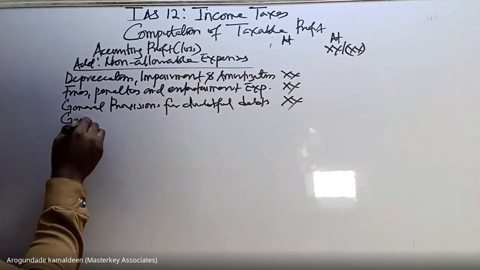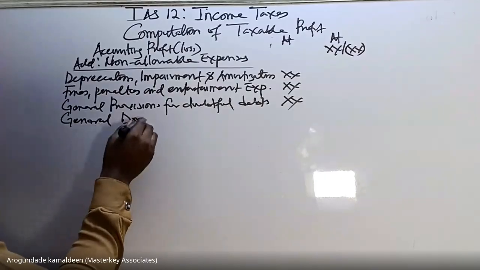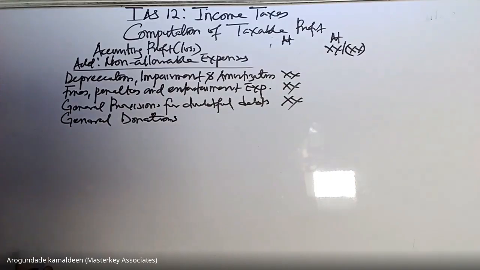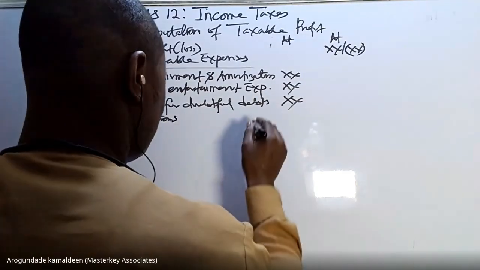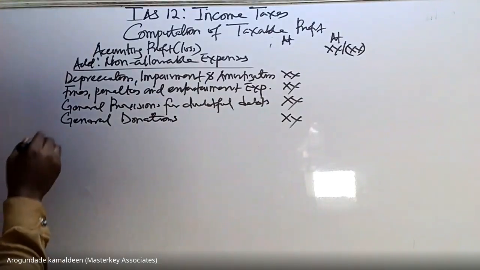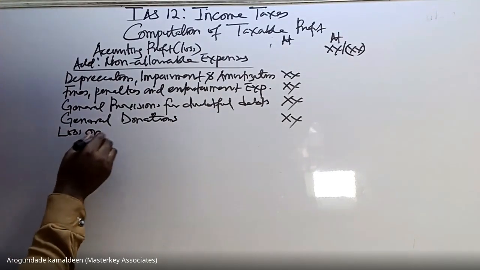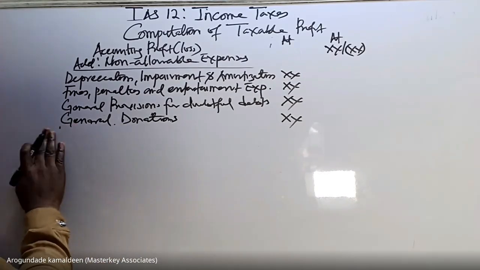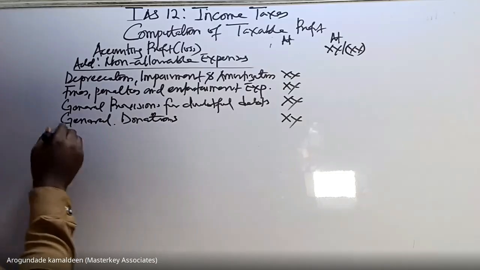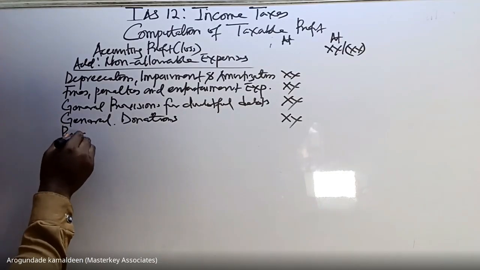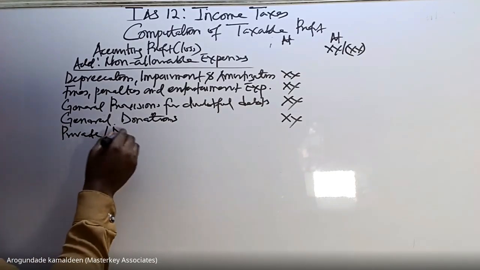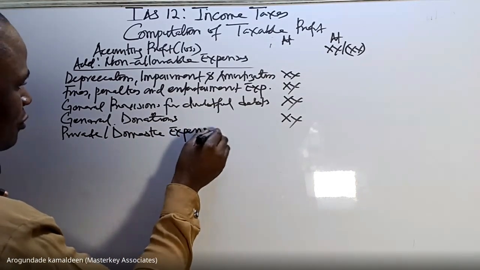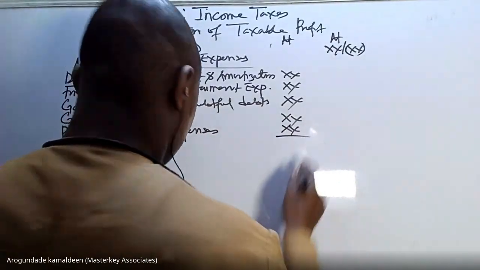If the donation is made to a non-approved body, you also add back. Next, loss on disposal. Also, private expenses or domestic expenses. You add back.